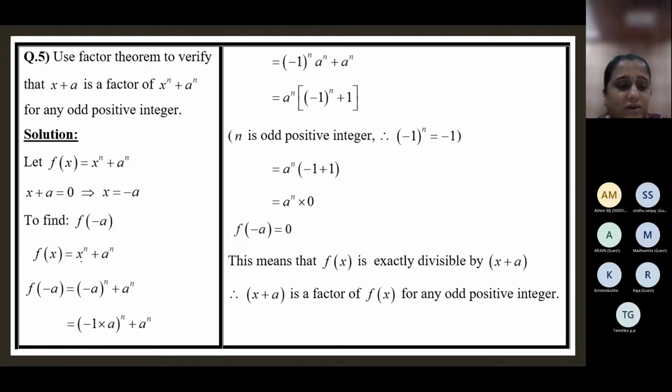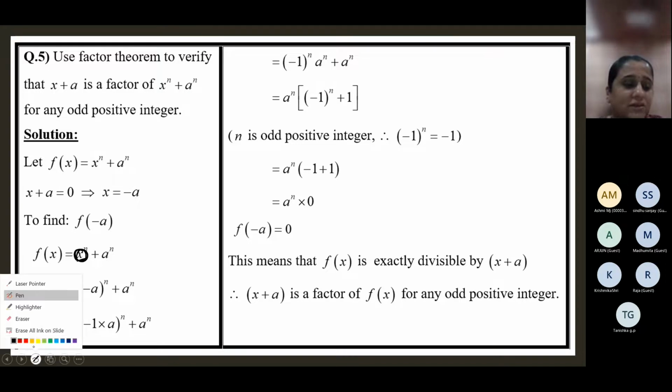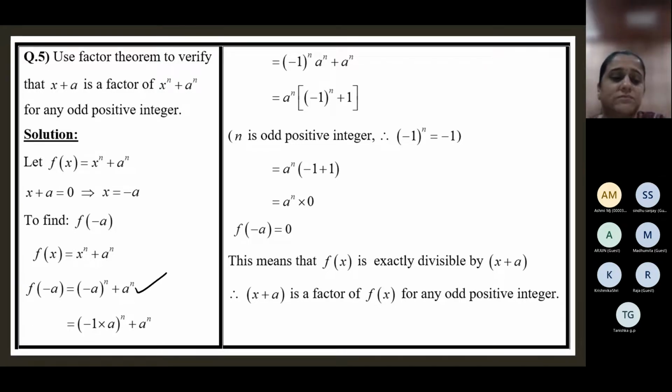In f of x, wherever there is x, you should use minus a. So minus a to the power n plus a to the power n. Is this step understood, children? Yes, ma'am.